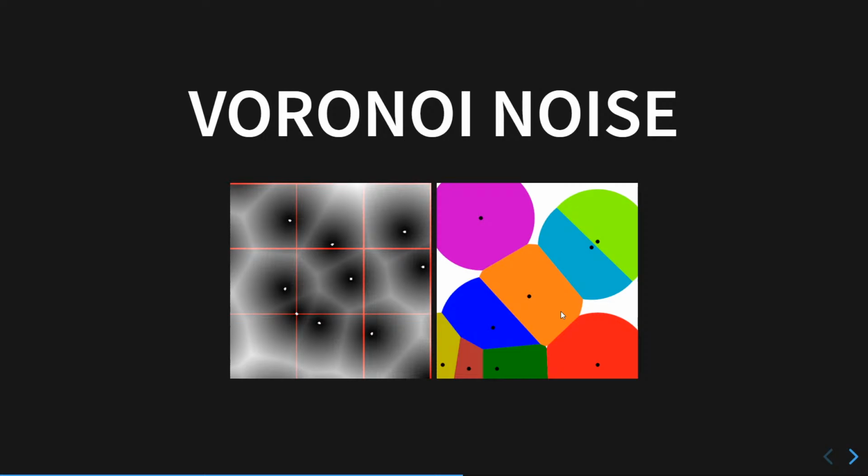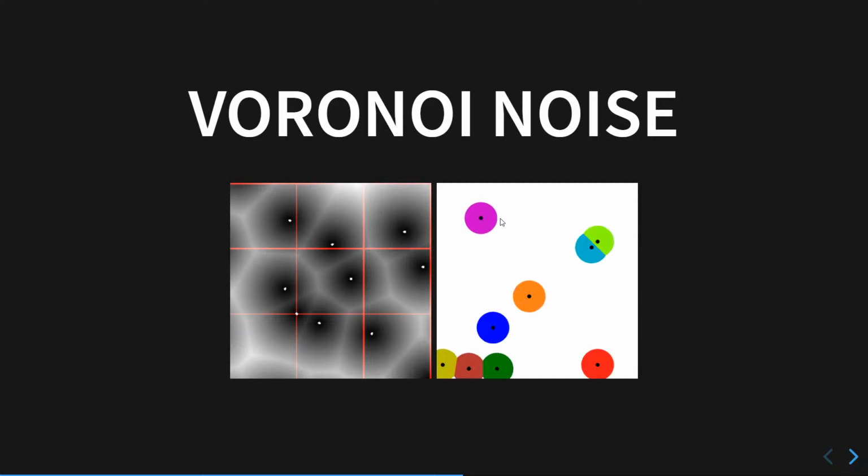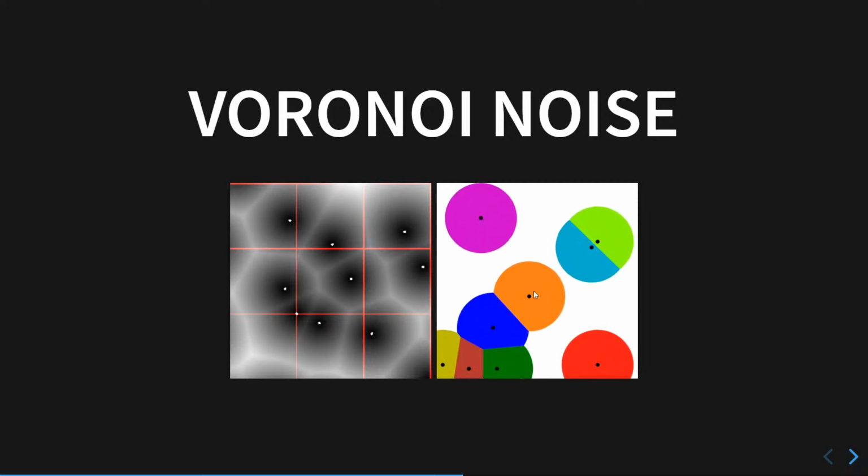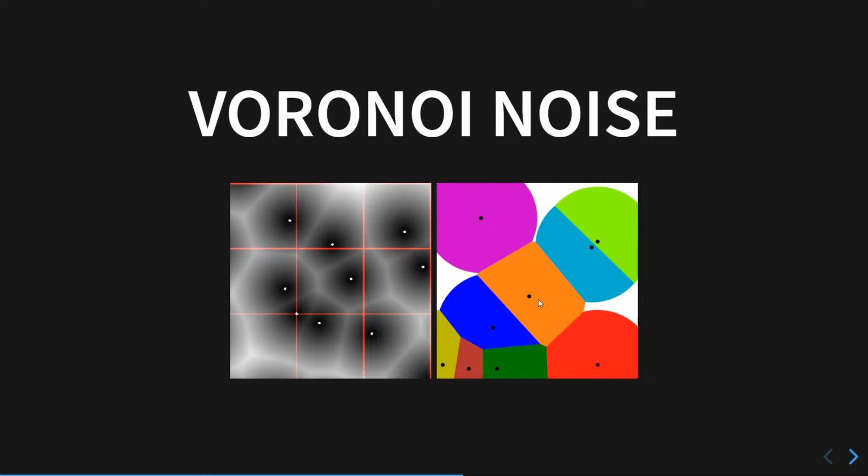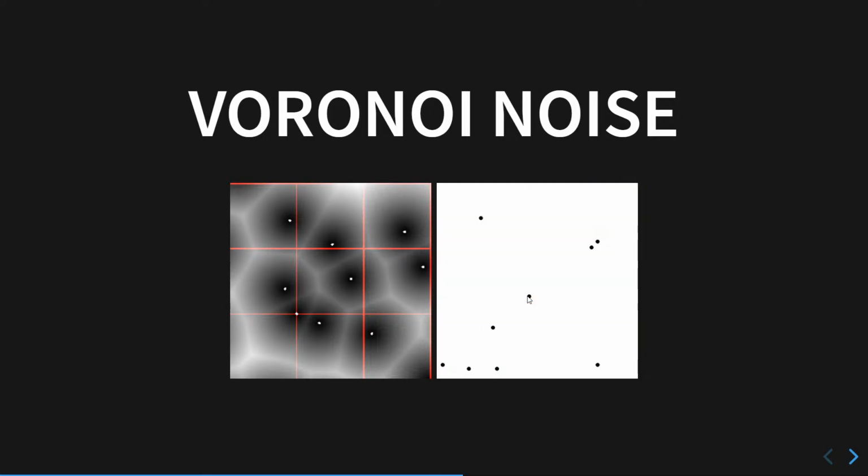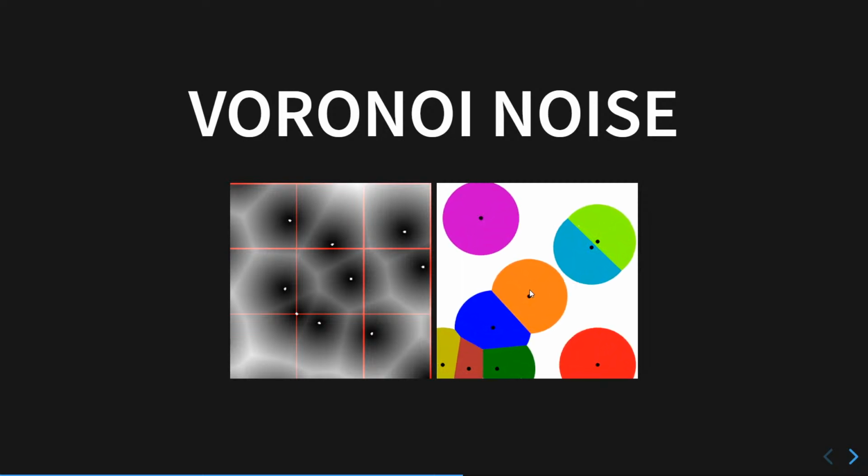And another way that Voronoi noise is sometimes implemented is giving a color to each individual point and having the color of each pixel being determined by the color of the point that it's closest to. And this is just a visual representation of how that works.